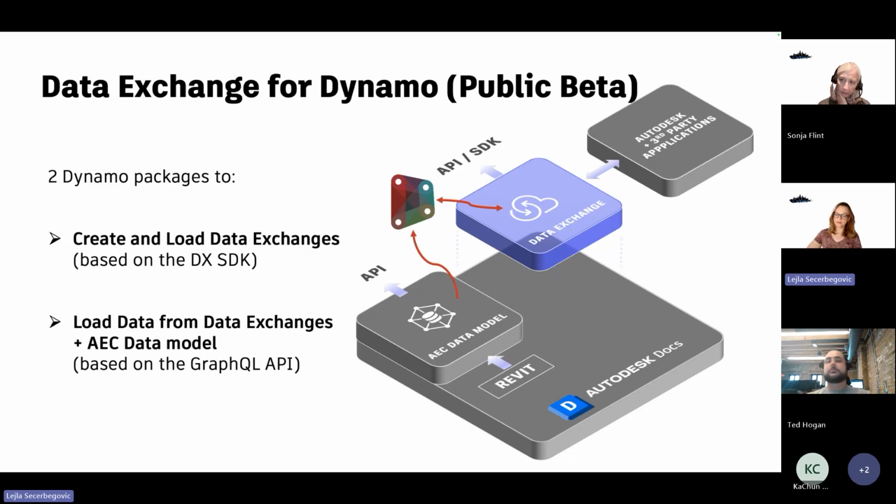In the future, there will also be other data formats supported, but at the moment, if you are using the AECDM, it automatically extracts all the data from your Revit files into this data model. And then you are able to access this data through the API.